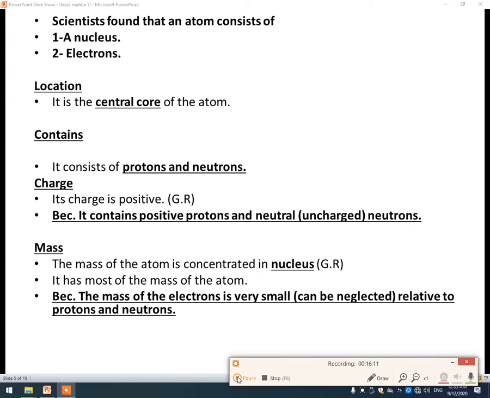So you have to know that the mass of the nucleus is very, very high. If I ask you a complete question, take care, very important: the mass of the whole atom is concentrated in dots, very high in dots. So the answer will be in the nucleus.